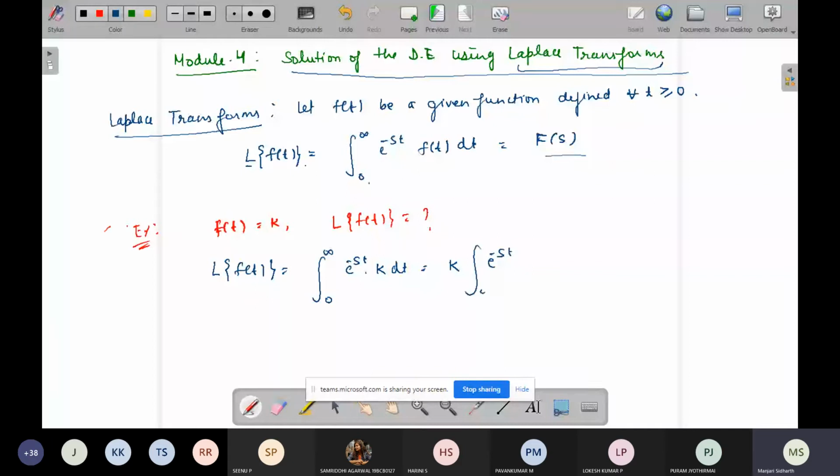e^(-st), 0 to infinity, dt. Now the integration of e^(-st) is e^(-st) with a minus sign, divided by s, since it is integration with respect to t so s is considered constant. K was outside and the limits 0 to infinity.